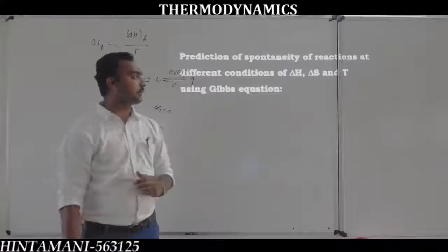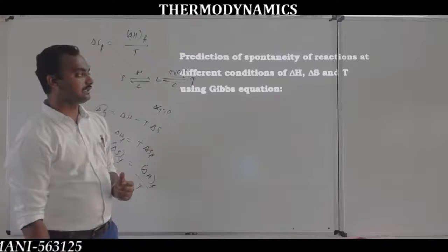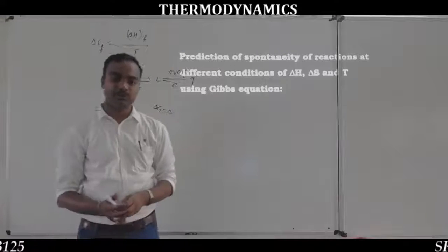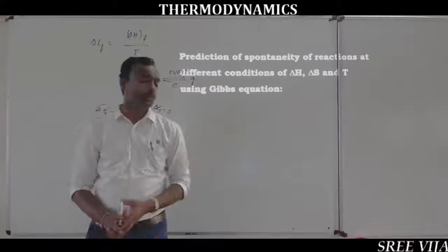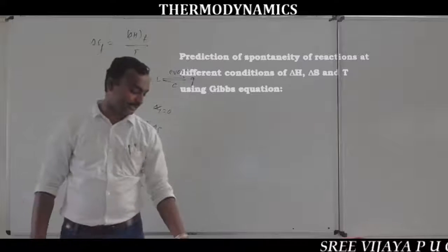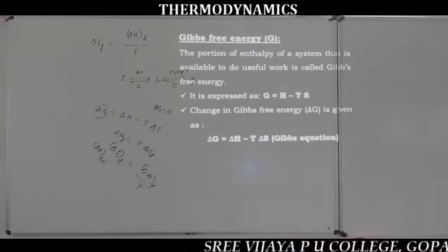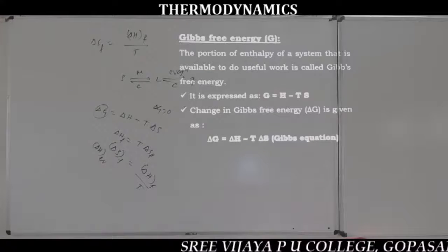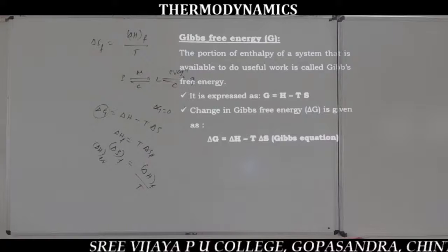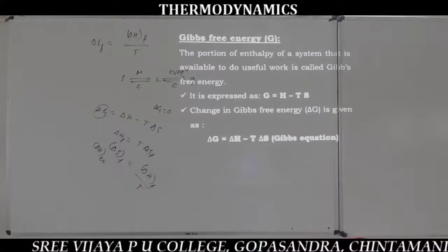So there is a prediction of spontaneity of a reaction using different conditions of delta H, delta S and T in the Gibbs equation. There are two or three topics, which we will discuss in the next class.